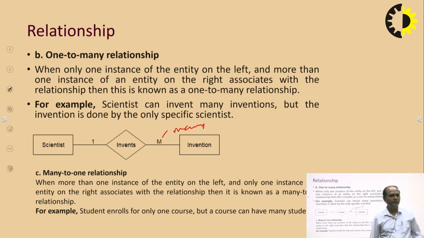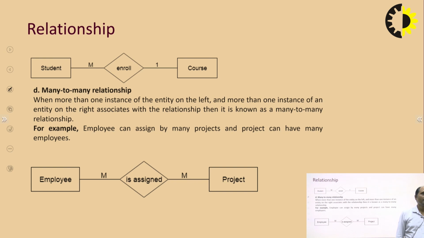What is many-to-one? A student can enroll in only one course, but a course can have many students. This is called a many-to-one relationship. And the many-to-many relationship we can assign from this particular scenario.